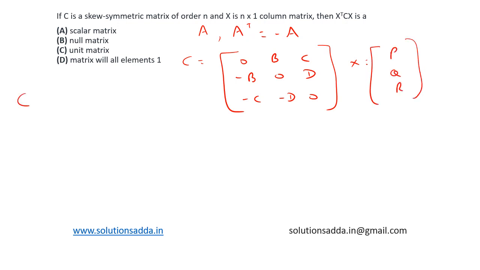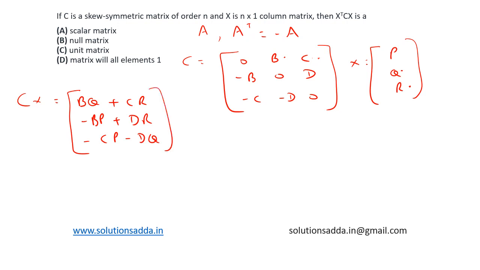Let's calculate Cx. Cx will be, first row, BQ plus CR. Second row is minus BP plus DR. Third row is minus CP minus DQ.